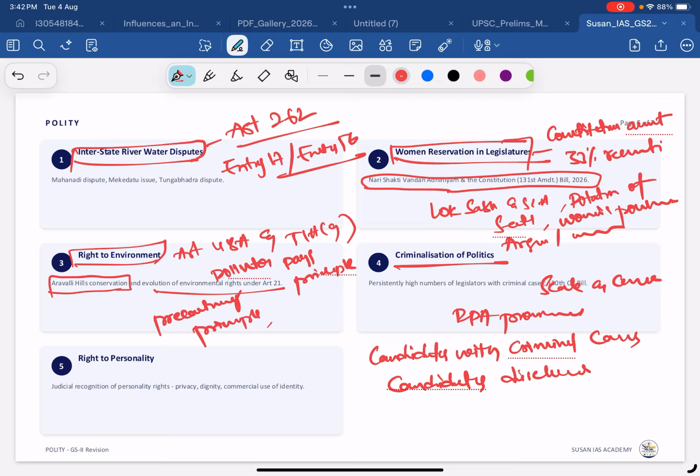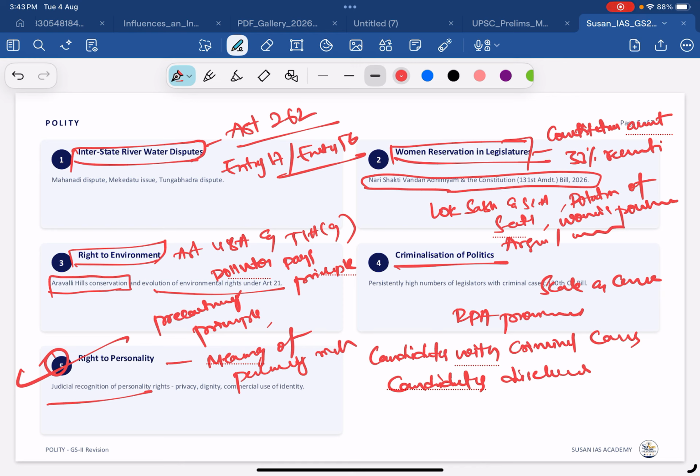And then the right to personality, this one also. So the meaning of personality rights in India, and judicial recognition of personality rights, that is privacy, dignity, commercial use of identity, right?